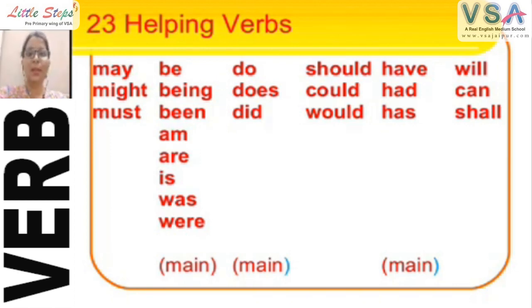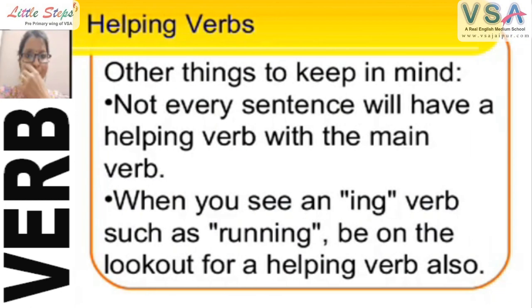Be, being, been, is, am, are, was, were. These verbs are also counted in main verb और action verbs. हम इनको main verbs में भी count करते हैं, जैसे कि अभी हम लोगों ने linking verbs में कुछ examples लिए थे and there I used these verbs. So these verbs are also called the main verb. Okay? जिनके नीचे main लिखा है उनको हम main verb की तरह भी use करते हैं, right?